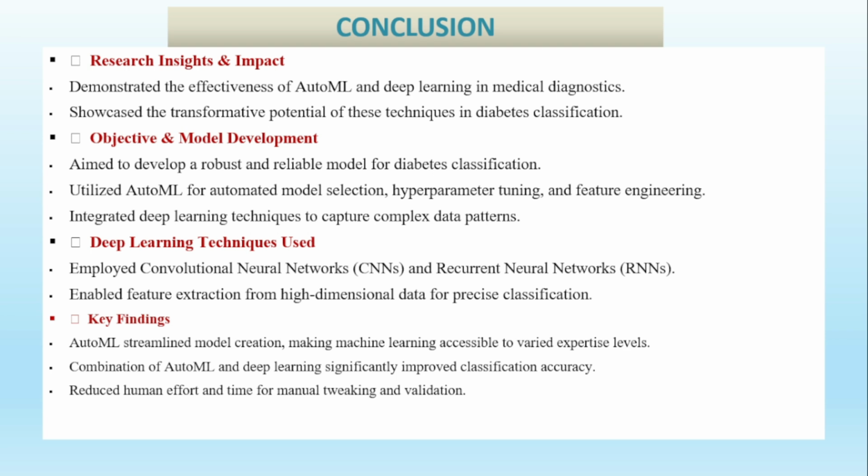Deep learning techniques employed convolutional neural networks and recurrent neural networks to enable feature extraction from high dimensional data for precise classification. Key findings: AutoML streamlined model creation, making machine learning accessible to varied expertise levels. The combination of AutoML and deep learning significantly improves classification accuracy and reduces human effort and time for manual tweaking and validation.